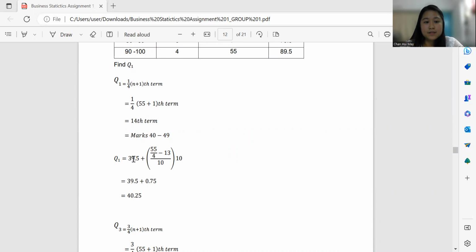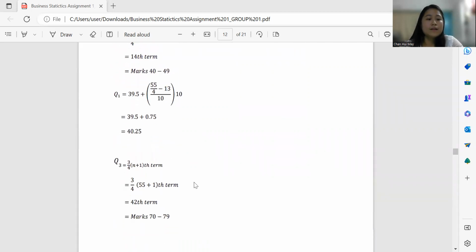For example, it is the lower class boundary of the Q1 class plus n divided by 4 minus the cumulative frequency of the classes before the Q1 class, divided by the frequency of Q1, and then times the class width of Q1.